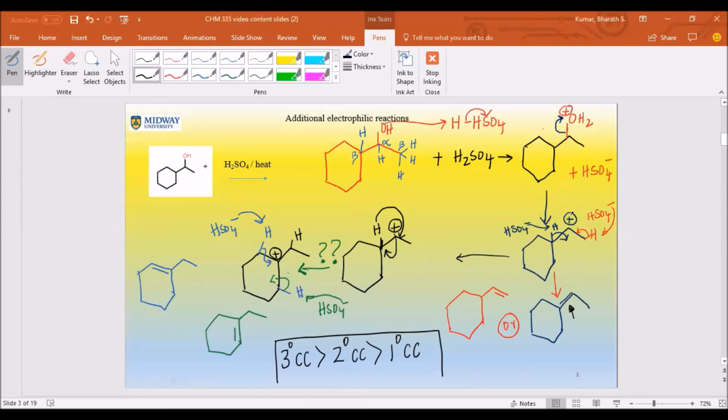What we initially generated, which is this and this, are both secondary carbocations. Carbon at least contains one hydrogen, two other bonds, and a positive charge. But this structure right here is a tertiary carbocation, because carbon contains three bonds and a positive charge with no hydrogen.